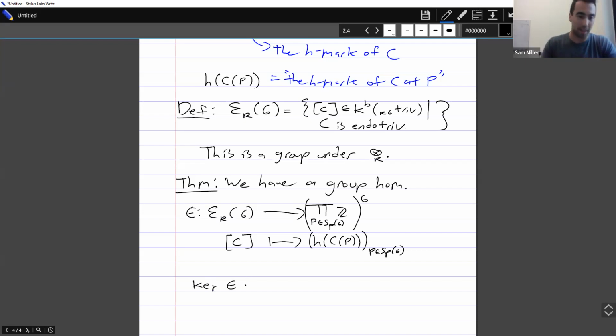And what is the kernel of epsilon? Thanks to the properties of p-permutation modules and the Brauer construction, we can compute that it is in fact the endotrivial complexes which are just given by one-dimensional KG-modules concentrated in degree 0, at least up to homotopy, where omega is a group homomorphism from G to K star.